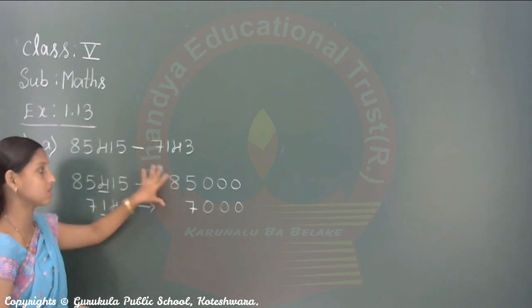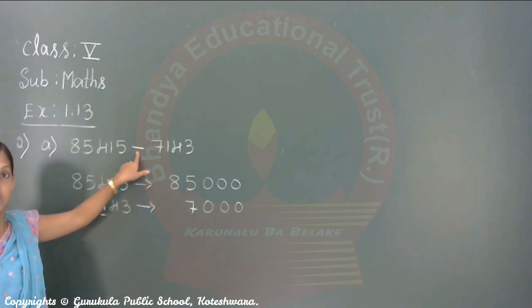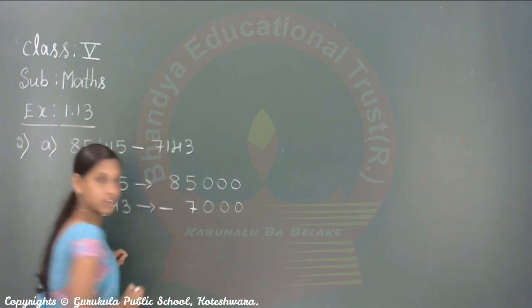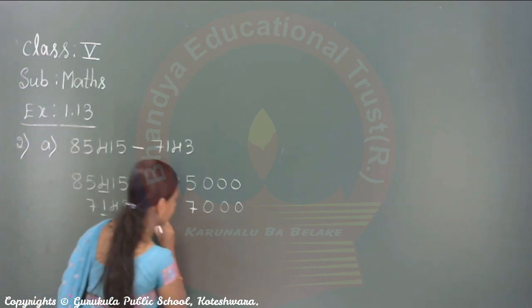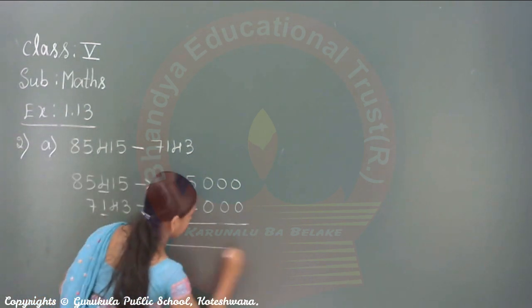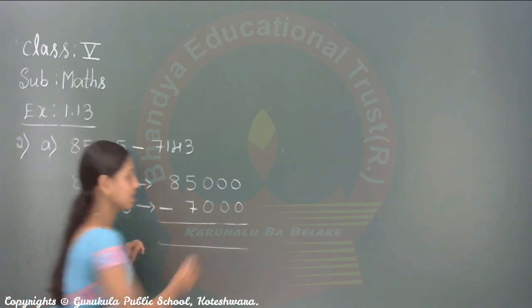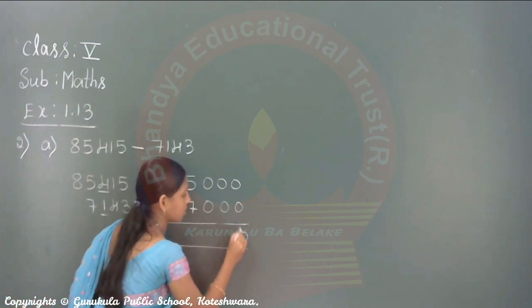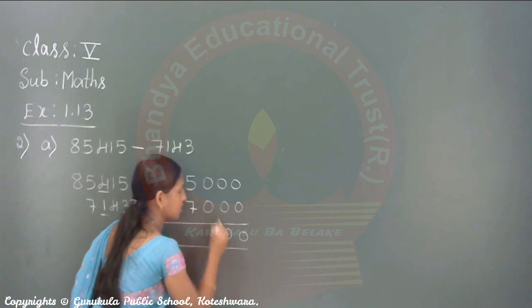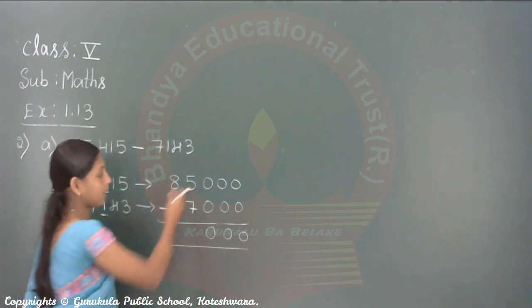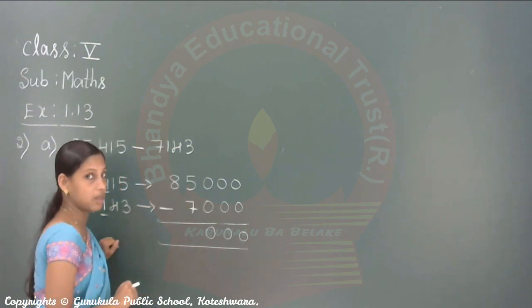Now we have estimated. Next what we have to do is subtract. So put the subtraction symbol, then subtract. Now it is easy to subtract. 0 minus 0, 0. 0 minus 0, 0. Here again 0 minus 0, 0. 5 minus 7, is it possible?